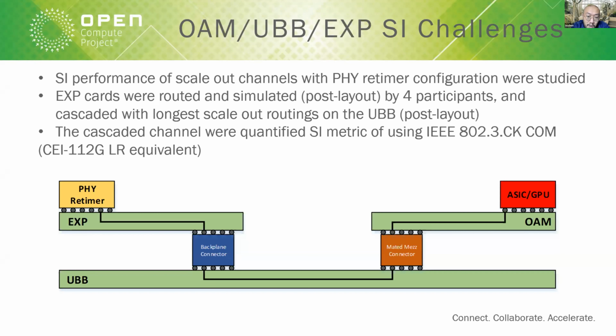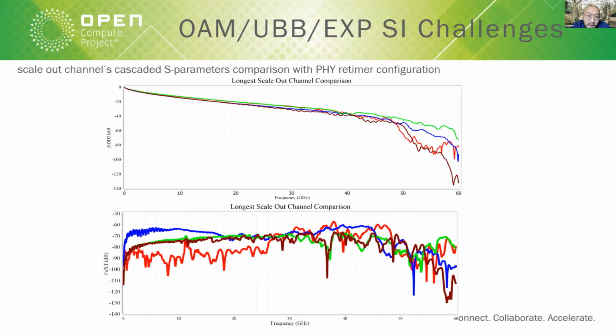The next slide is our demonstration of the S parameter itself. The 4 lines demonstrated here are the 4 participants. I haven't mentioned the names here. Just cover the names, but overall, from an end-to-end perspective, there are good results and bad results. There is better crosstalk, and worse crosstalk.